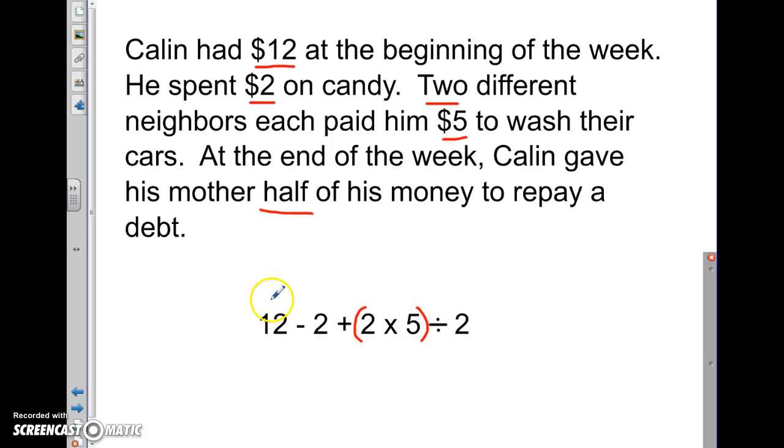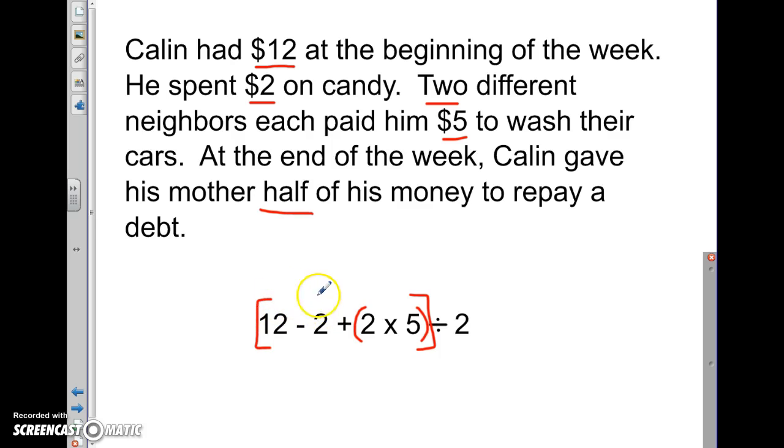So I want to separate this part of the expression from that divide by 2. In order to do that, I'm going to use brackets. So I'm going to put a bracket around here and a bracket around here. Okay, and so now as we look at it, the very first thing we're going to do is what? 2 times 5. Then after the 2 times 5, we're not going to do this, right? Because look, it's outside the bracket. So then we would do 12 minus 2, right?